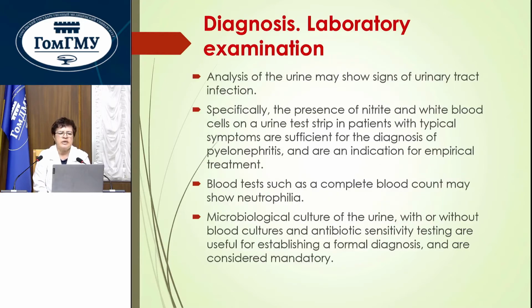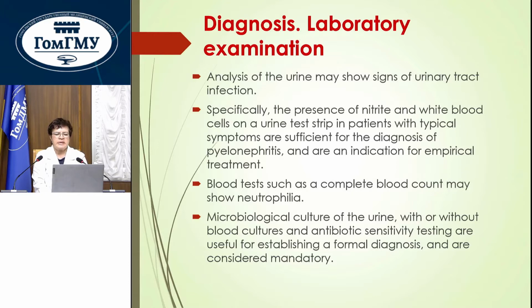Diagnosis: laboratory examination. Analysis of the urine may show signs of urinary tract infection, specifically the presence of nitrite and white blood cells on a urine test strip. In patients with typical symptoms, this is sufficient for the diagnosis of pyelonephritis and is an indication for empirical treatment.